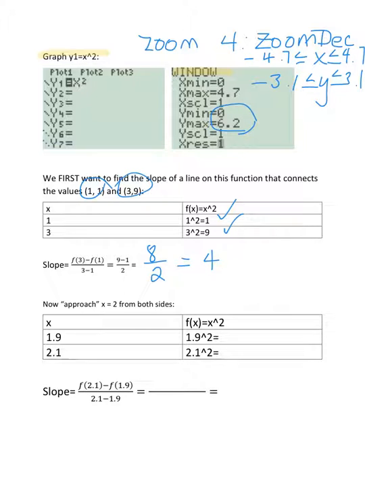But then, using our table and asking for specific values, what we're going to do is go to the table and ask for it to let us have x is equal to 1.9. And when it does that, it's going to tell us that at 1.9, the value of x squared is 3.61.